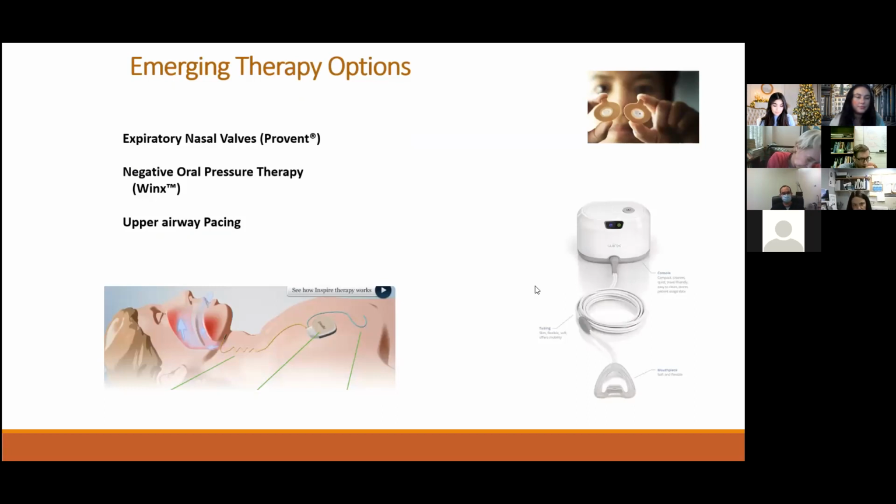Some of the emerging therapies, I would say these expiratory nasal valves, the Provent, these are things that go at the end of the nose at night. They kind of just stick there, and they're a one-way nasal valve, so you can breathe in through them, but when you breathe out, there's back pressure that acts as a pneumatic splint to keep the airway open.